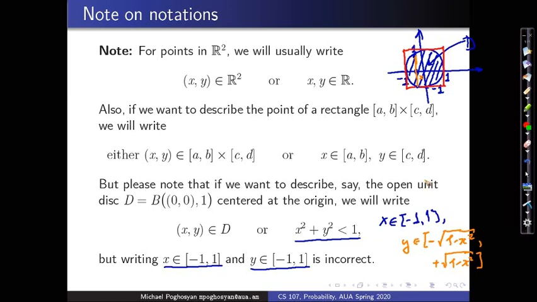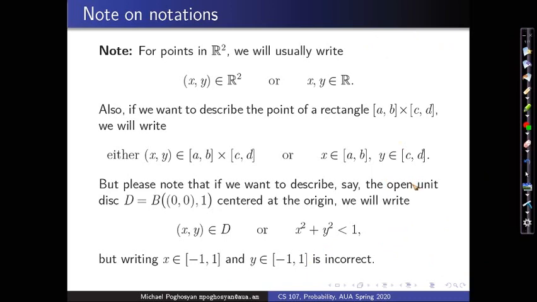Where do these formulas come from? The formula for the boundary is x squared plus y squared equals 1, so I'm solving for y. In the upper part I get the square root with plus sign, and in the lower part I get the square root with minus sign. So this is the correct way to describe the points inside that unit disk, but the previous one is incorrect.